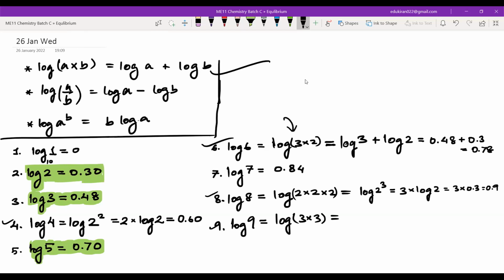And log of 9 would be 2 times log of 3. This will be equal to 2 into 0.48, which is 0.96.